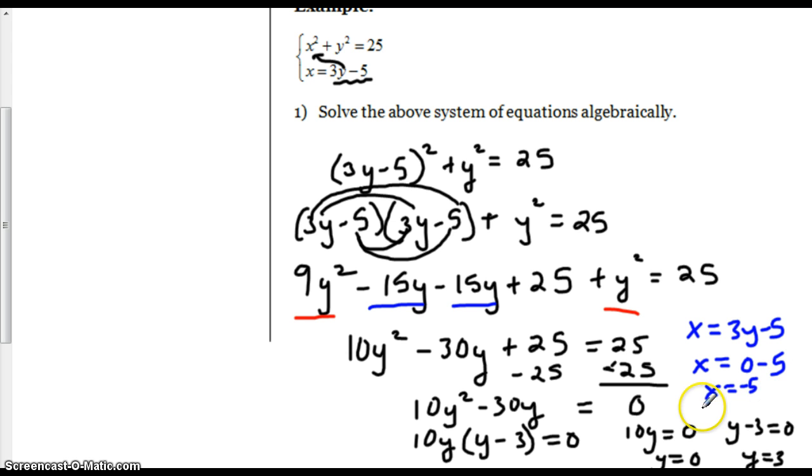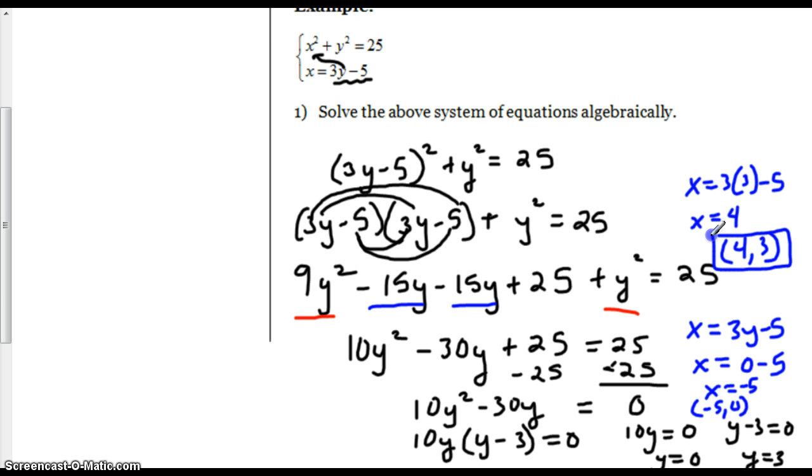So our first point is negative 5, 0. Our second point, we're going to substitute 3 in for y. So we have 3 times 3 minus 5. So we have 9 minus 5, which would be 4. So our second point is when x is 4 and y is 3.